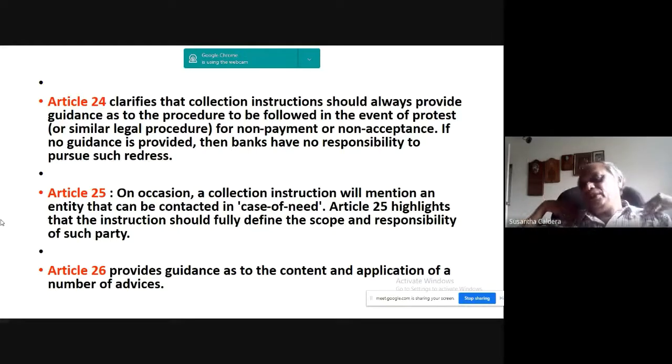Right? Okay, it is very, very important. Immediately on the following day, make sure that you have sent the non-payment advice.